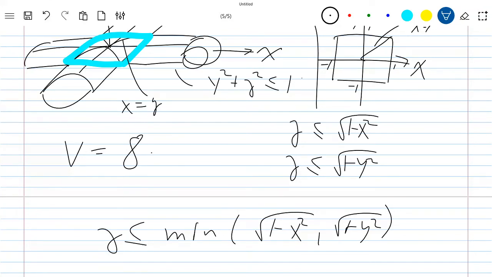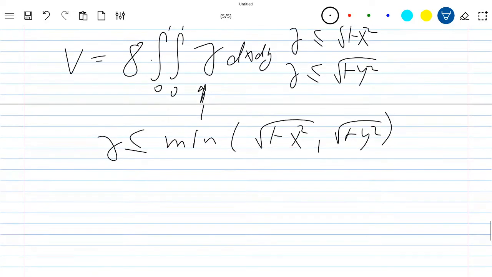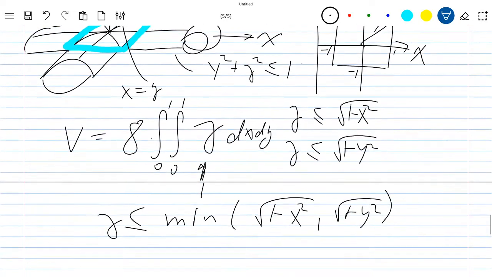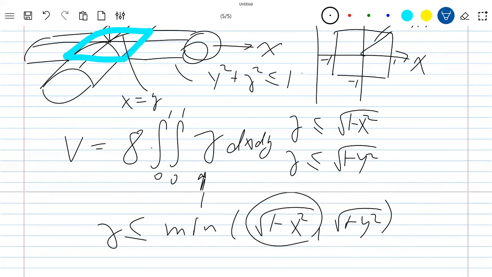So what is the volume? It should be 8 times the integral of z dx dy from 0 to 1, 0 to 1. This 8 means there are 8 octants, and z is the thing we have written here. It's kind of awkward because you have a minimum there. But think of that. When do you have the first term?